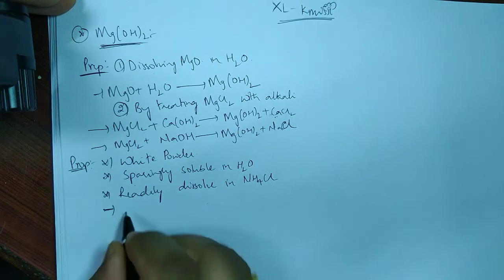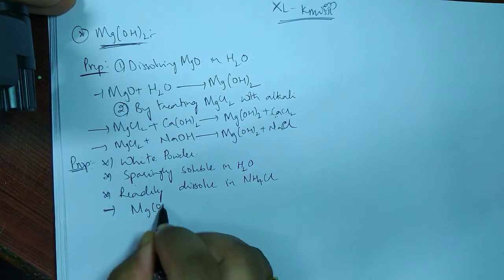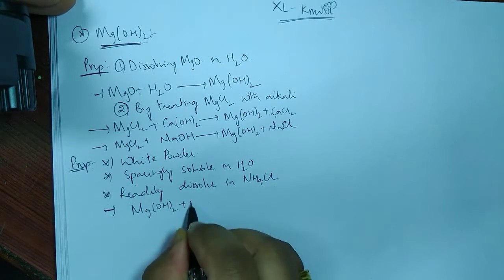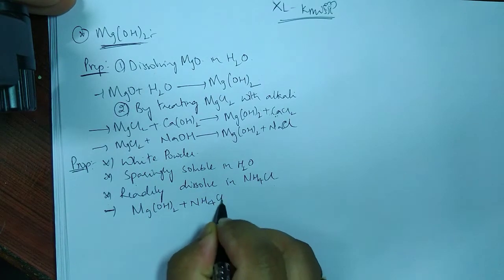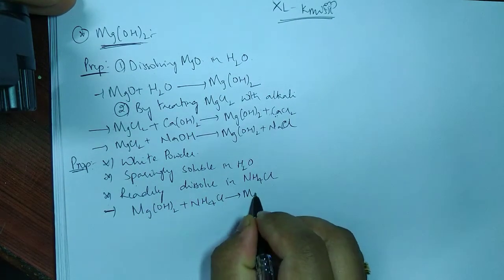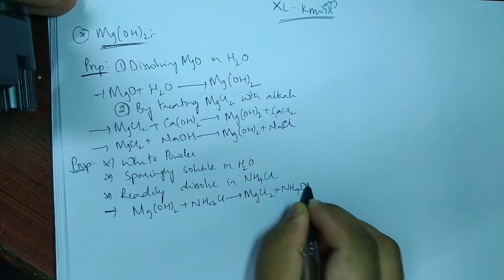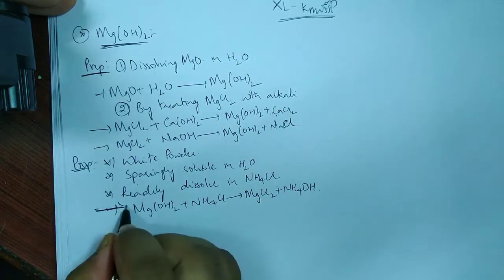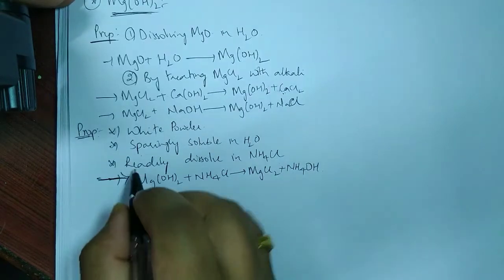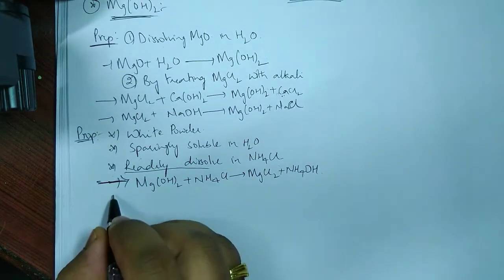I mean that Mg(OH)2 on treating with ammonium chloride will form the salt magnesium chloride plus ammonium hydroxide. So it is readily dissolving in ammonium chloride solution.